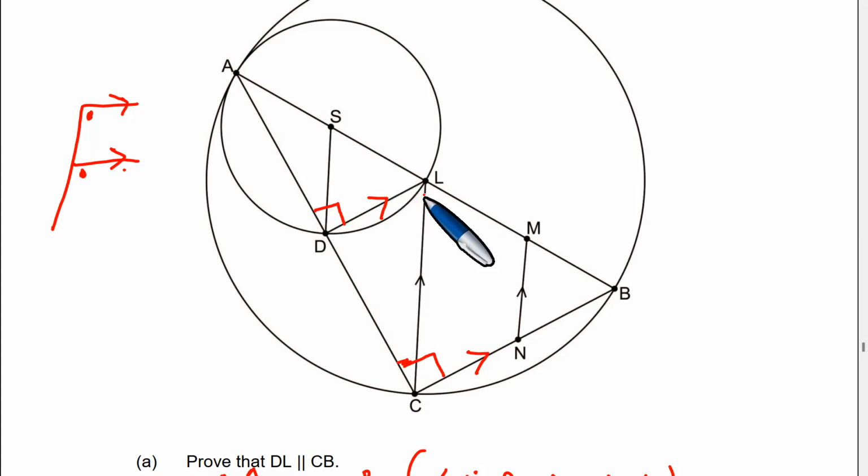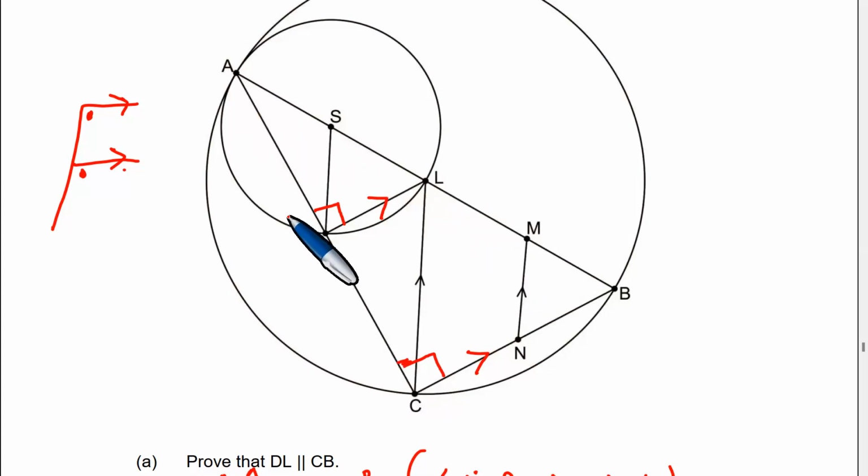But we can see that first things first, LC is equal to LA, because this is a radius from the center. L is the center, so it's a radius, and that's the radius.